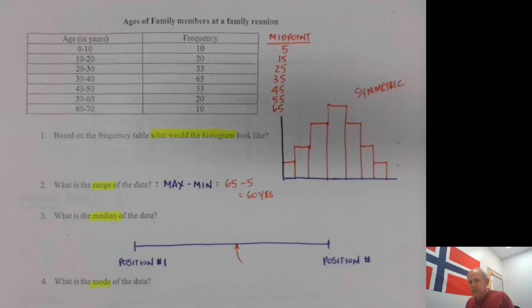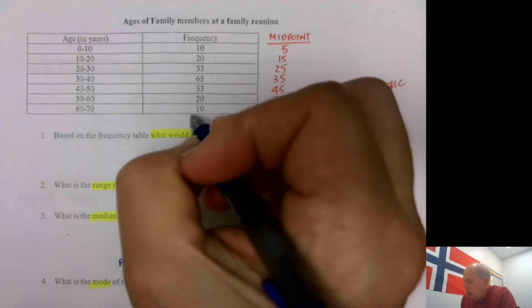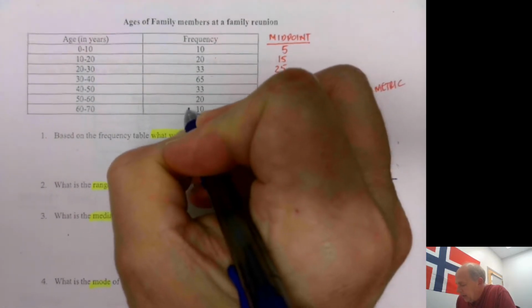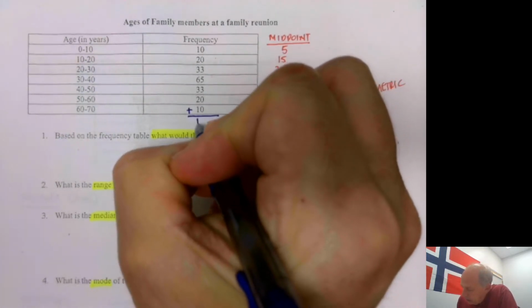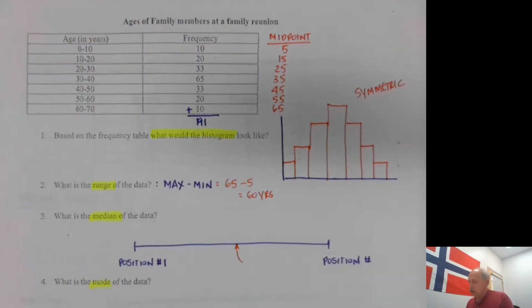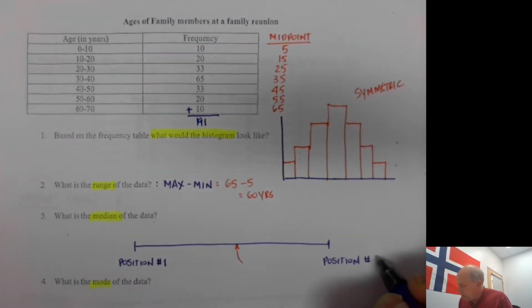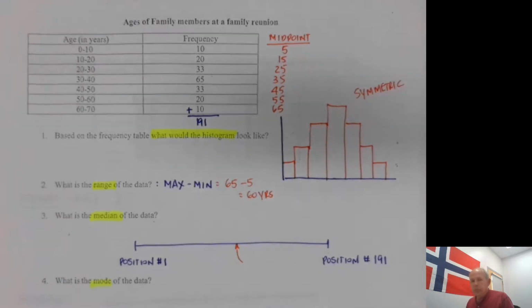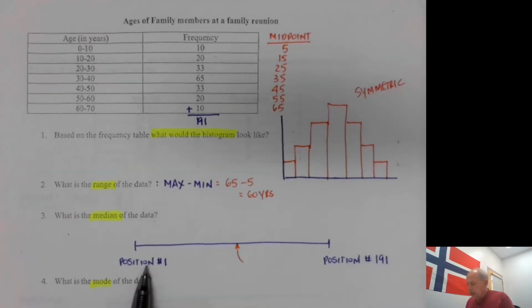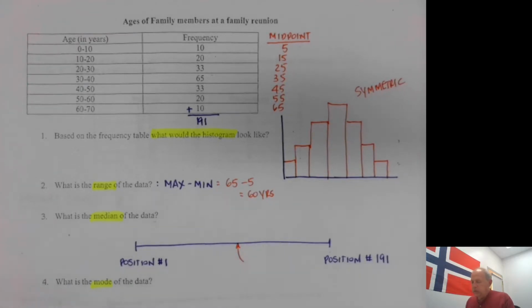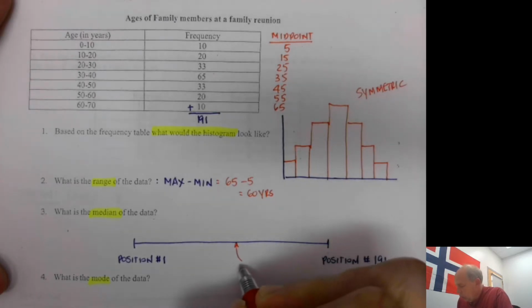What position is going to be the oldest? I have to add up and see how many people are at this giant family reunion. There are 191 people at the reunion. So the youngest person is position 1, the oldest person is position 191. I am looking for that middle person right there.